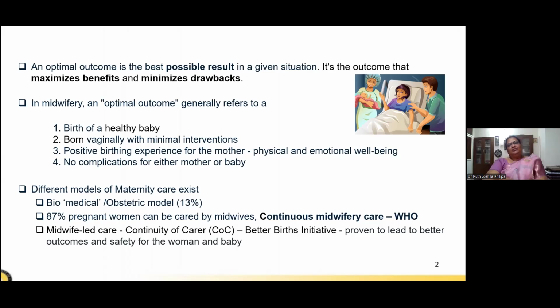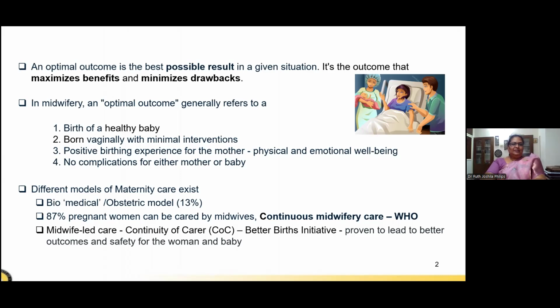So the next model of care that we are coming up with nowadays is midwife-led care. In that we have different kinds of models, but let us very briefly talk about the continuity of carer model in this particular genre of care. In the continuity of carer model, the pregnant woman receives her care throughout the continuum of pregnancy, that is the prenatal, antenatal, intranatal, and the postnatal care, from one lead midwife.